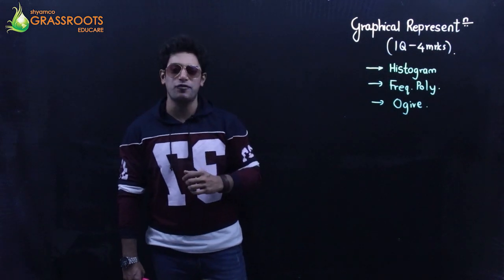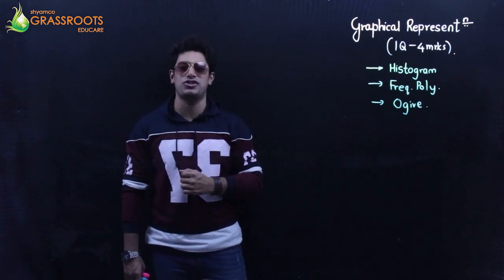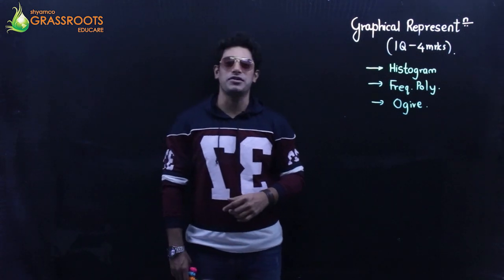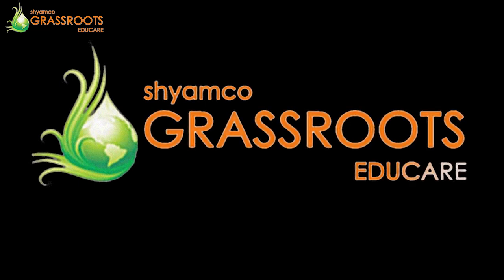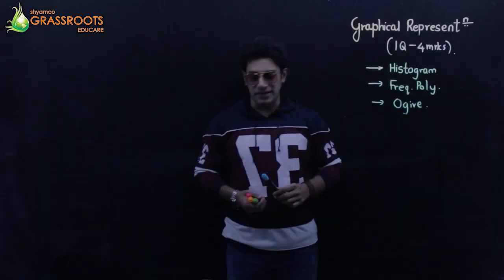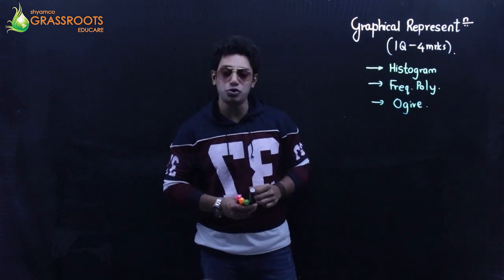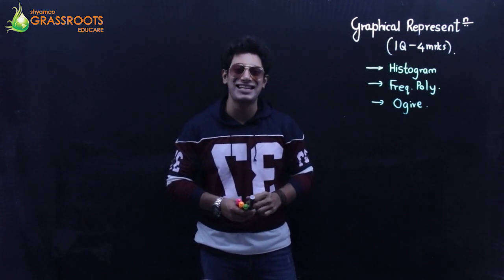So the first concept of the chapter is the histogram. Let's start straight away. Draw the histogram for the following table. The table given to me is starting from 0.